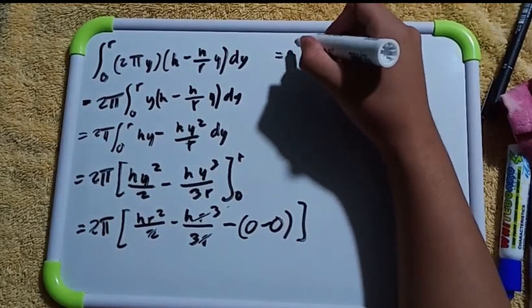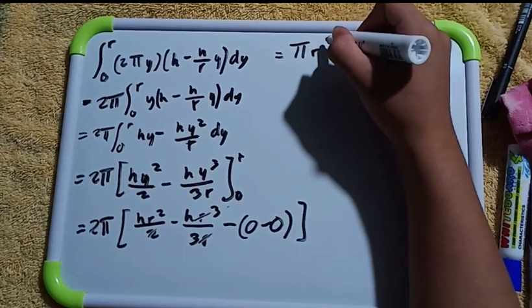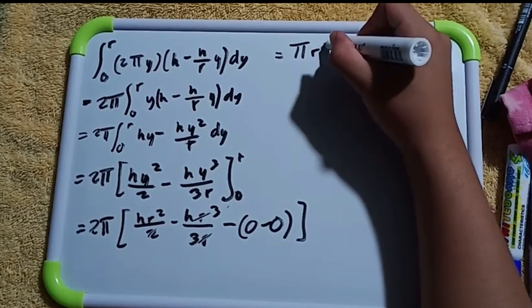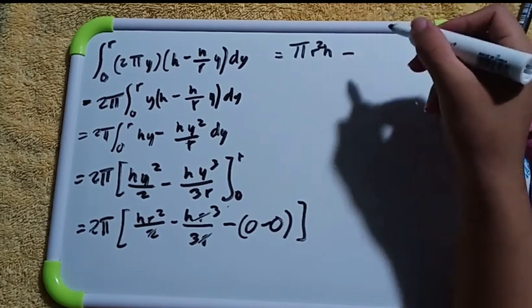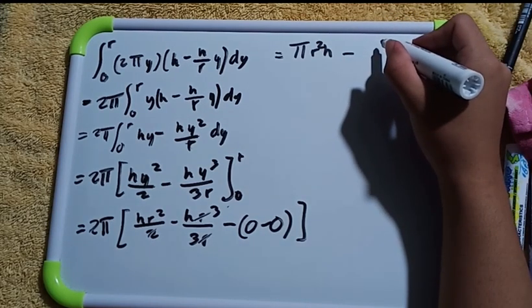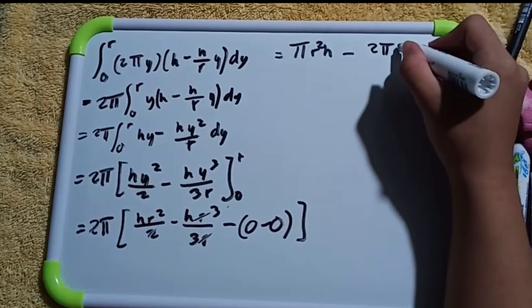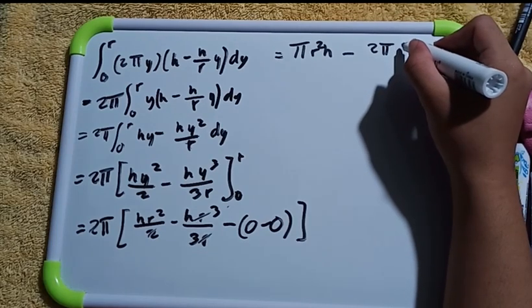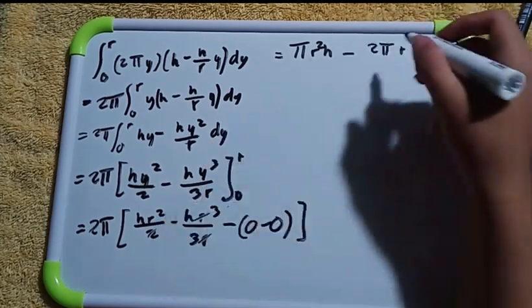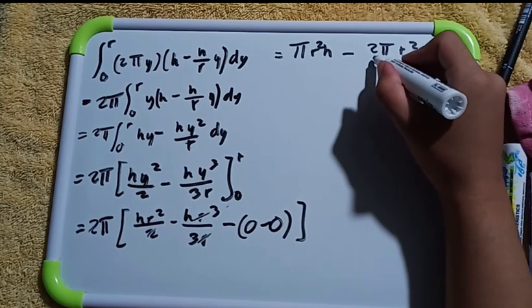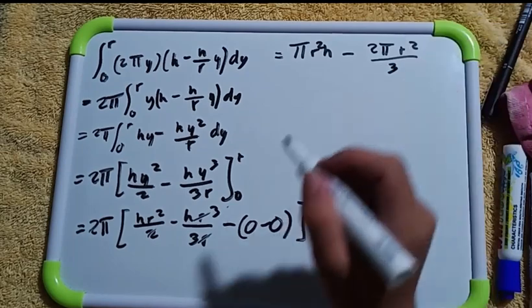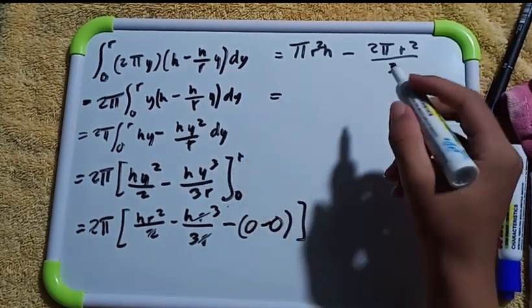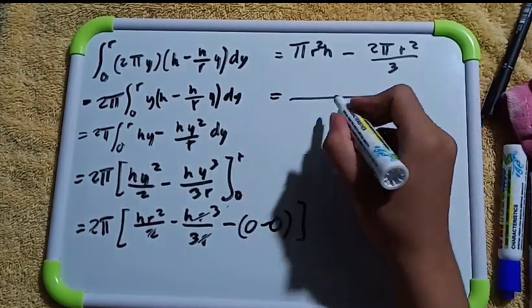Yan yung gagawin natin, i-distribute natin. So, ang matitira is pi r squared h minus 2 pi r squared, tira na lang is r squared all over 3. And then, common denominator nila is 3.